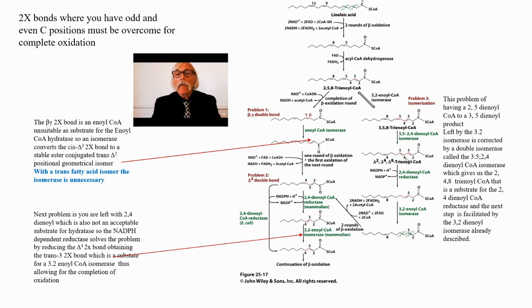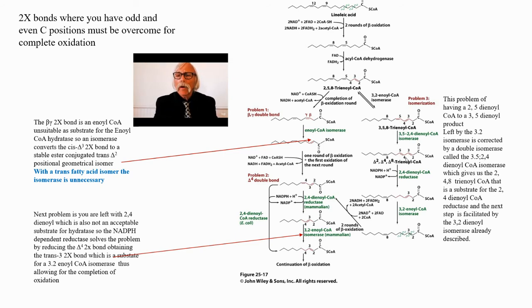Now keep in mind, this is going to function the same way with a trans fatty acid, only you won't require the isomerization, only the position will shift. The enzyme does both. So it has absolutely no hindrance of these reactions having trans fatty acids.